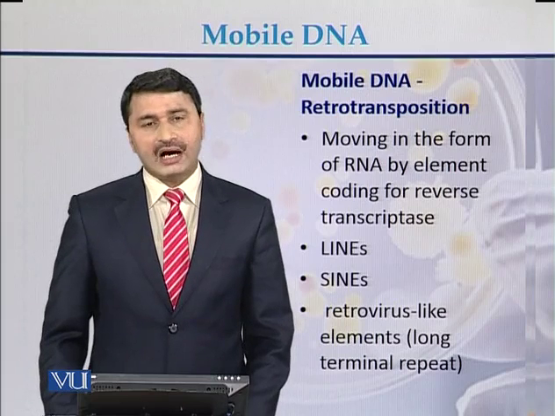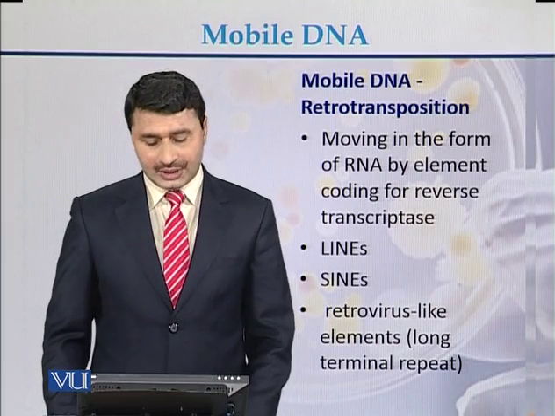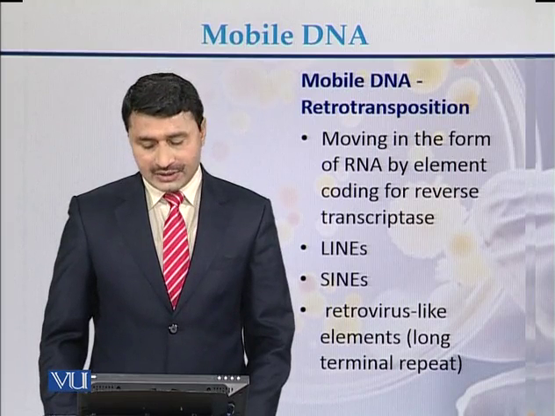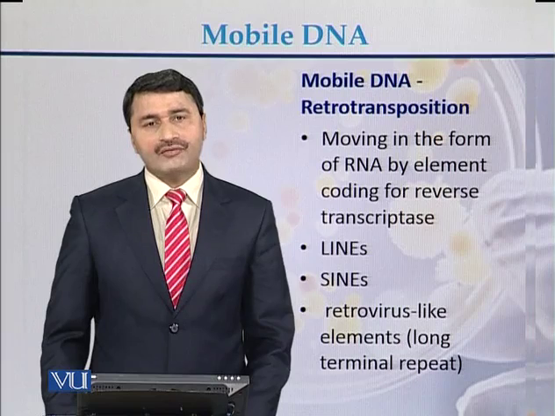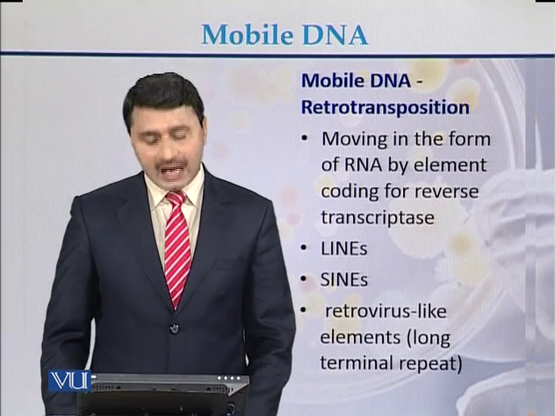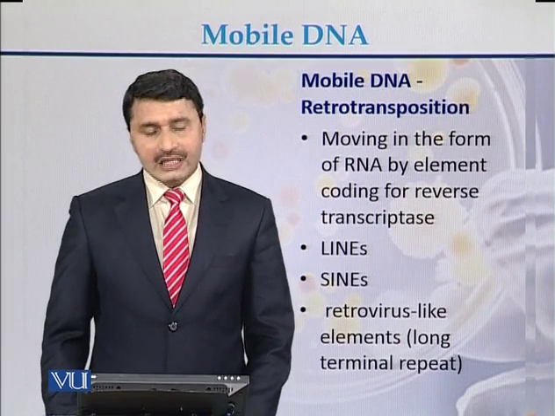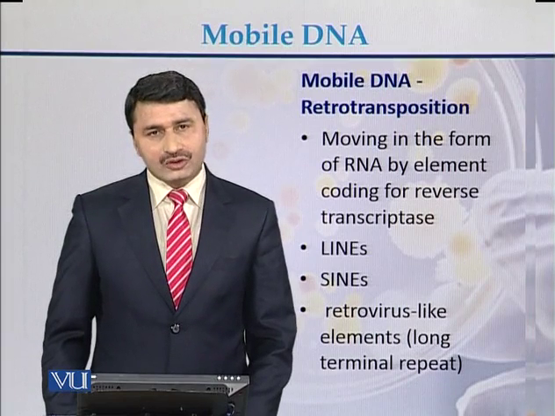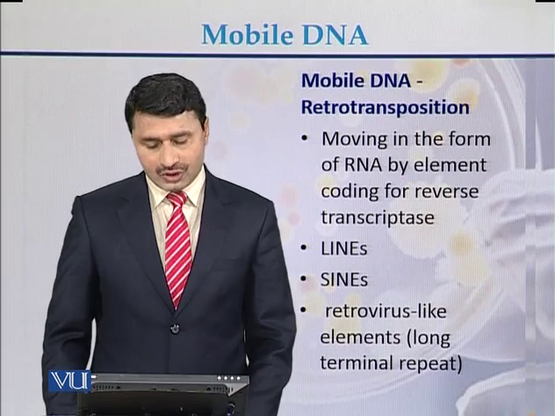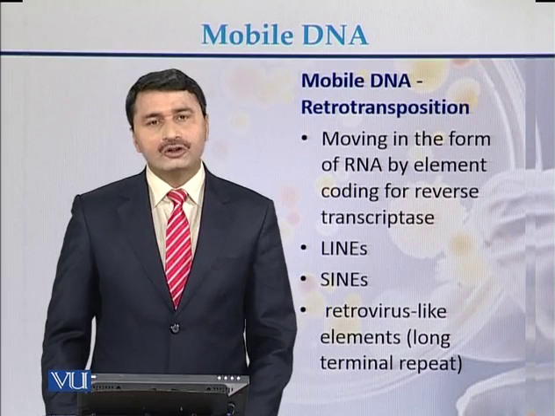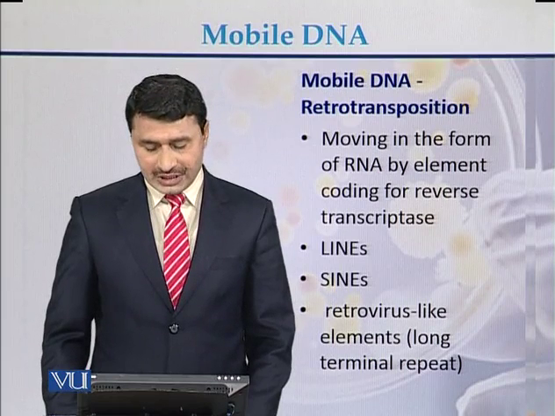Mobile DNA in the form of retrotransposition moves in the form of RNA elements or through an intermediate of RNA, coding for reverse transcription. In the case of retrotransposons, or retrotransposition, there is a movement through an RNA intermediate.